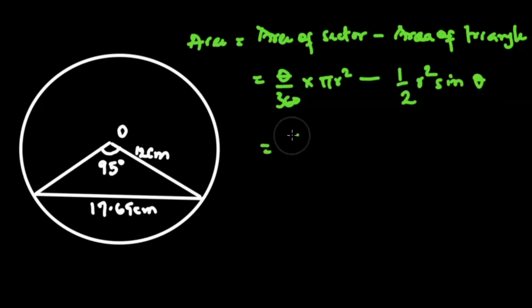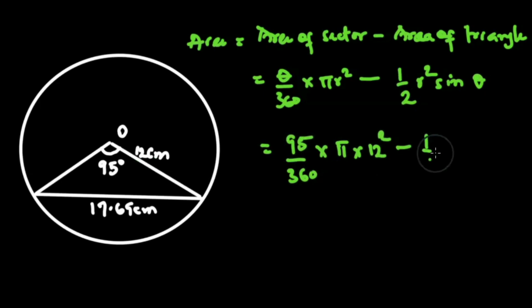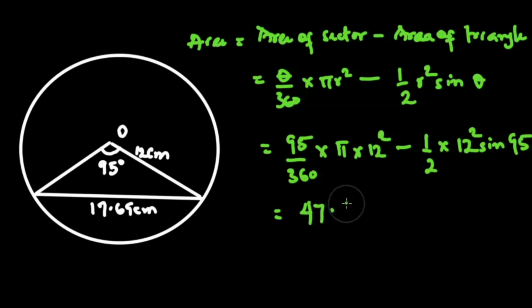And so we have 95 over 360 times pi times 12 squared minus half times 12 squared sine 95. And we can once again type this in our calculator. The area of the segment is 47.654 centimeters squared. And that is it.